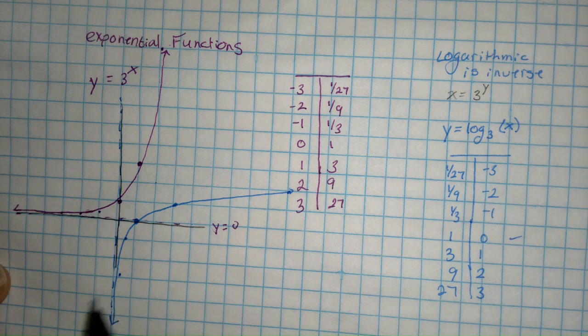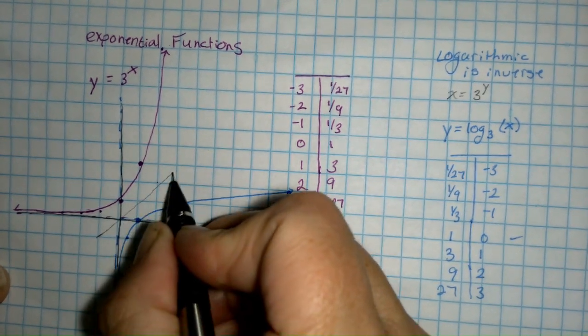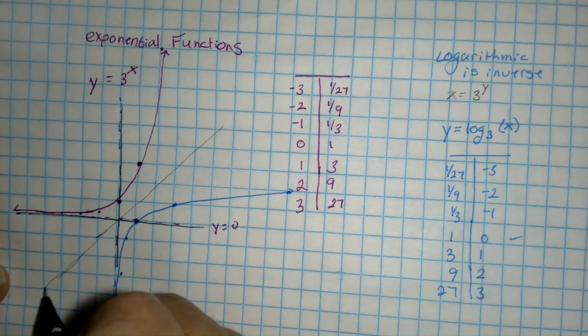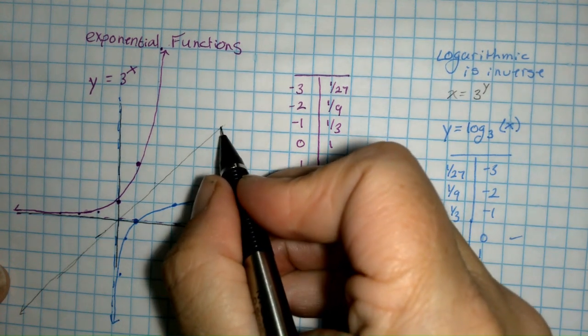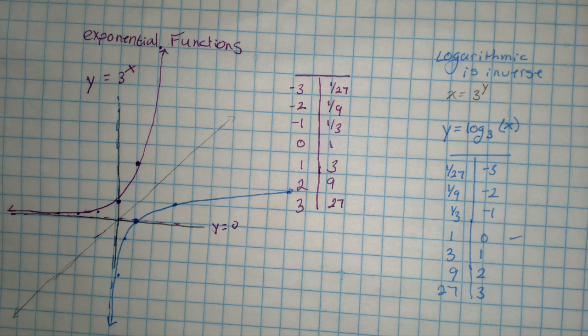And as always with inverse functions, they must perfectly reflect across the line y equals x, which they do. If I can draw a straight line, there we go. So when we're looking at exponential functions, they really are just the inverse of logarithmic functions. And so they mirror each other.